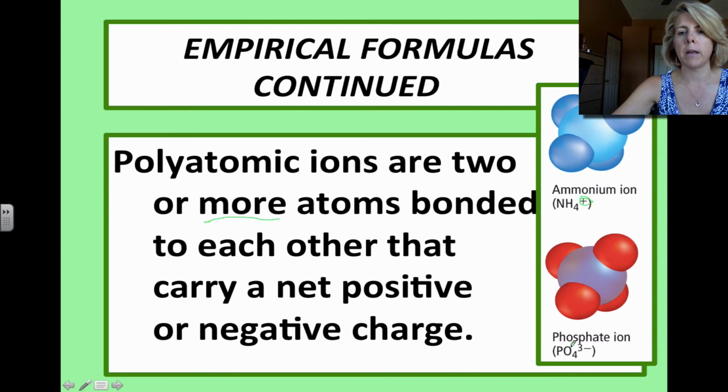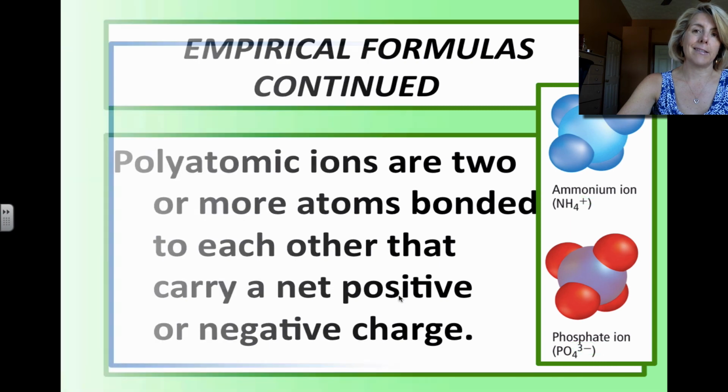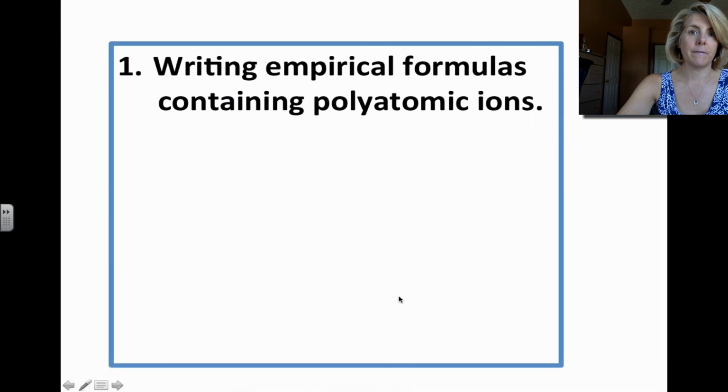So like ammonium has a 1 plus charge, phosphate, so notice it's phosphorus and oxygen, has a 3 minus charge. So that 1 phosphorus surrounded by 4 oxygen, it has a 3 minus charge. So you may see a positive charge. A lot of these polyatomic ions tend to have negative charges.